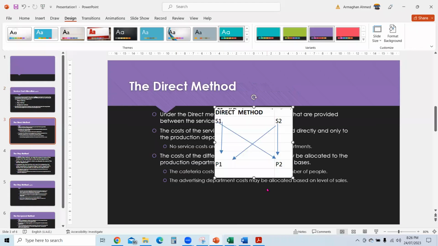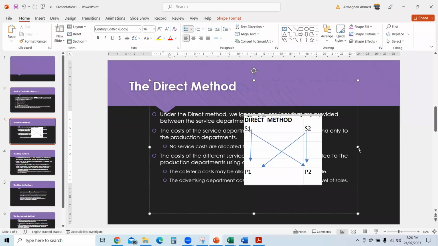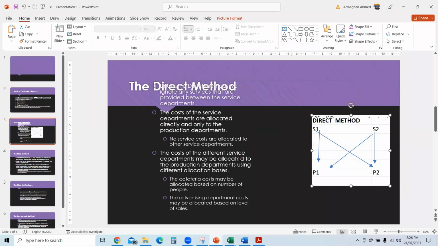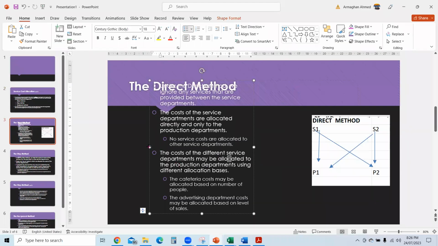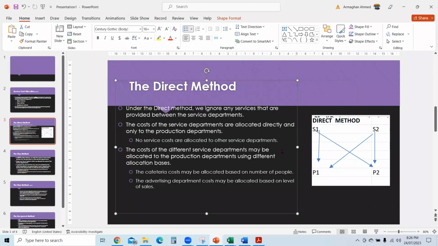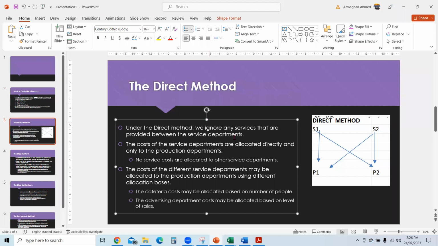The direct method means that the cost is allocated only to the production departments. Let's say we have two service departments, S1 and S2.